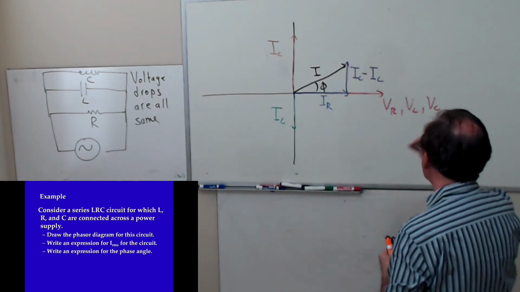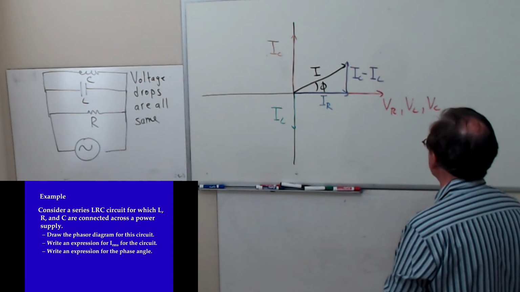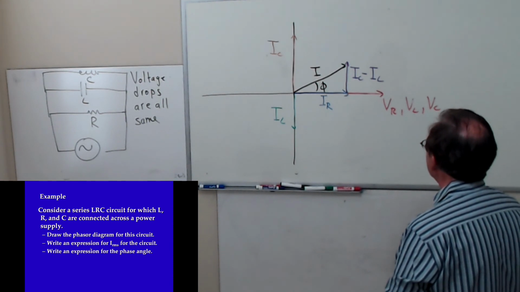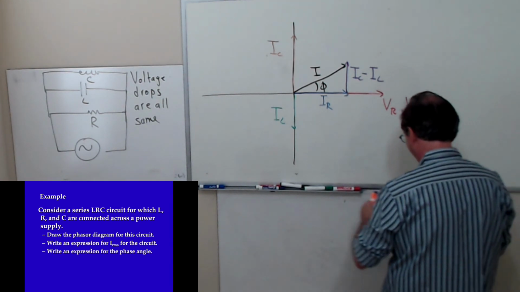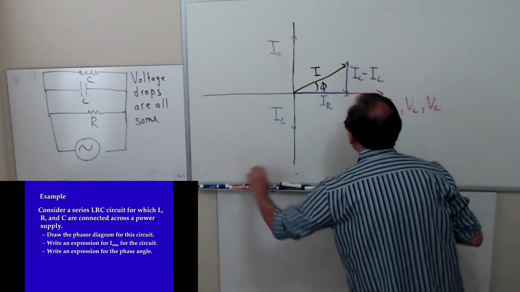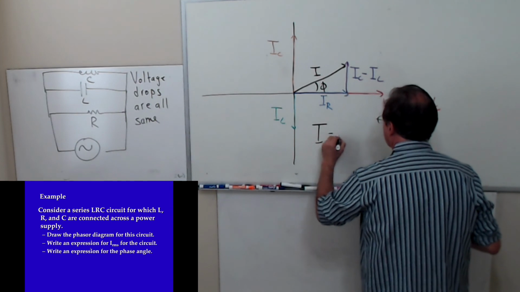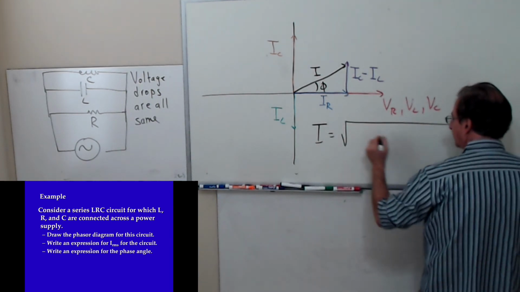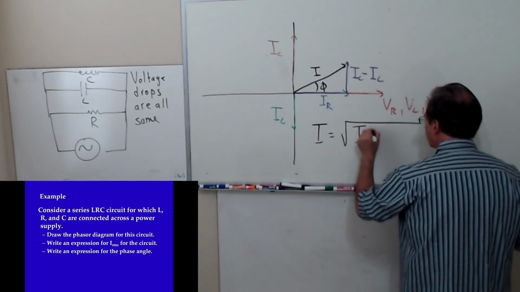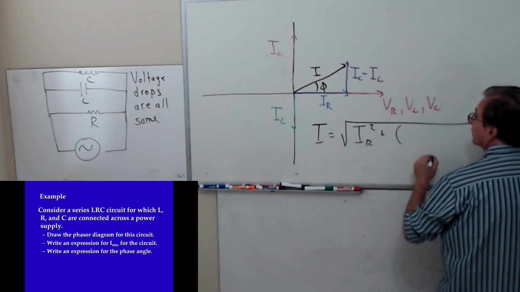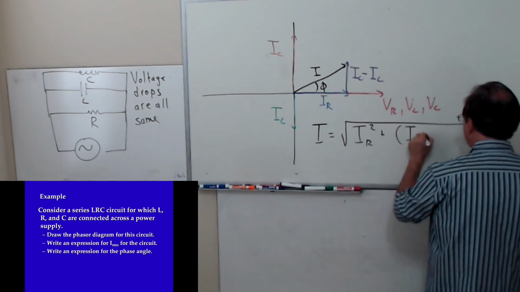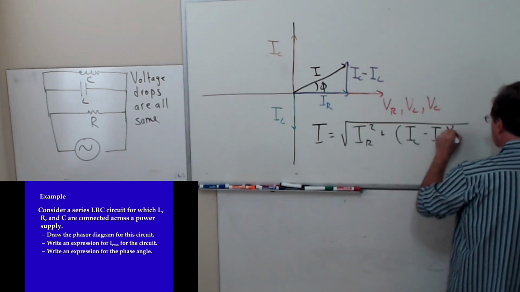Okay, so where are we at now? Okay, so I is the square root of I sub R squared plus I sub C minus I sub L squared.